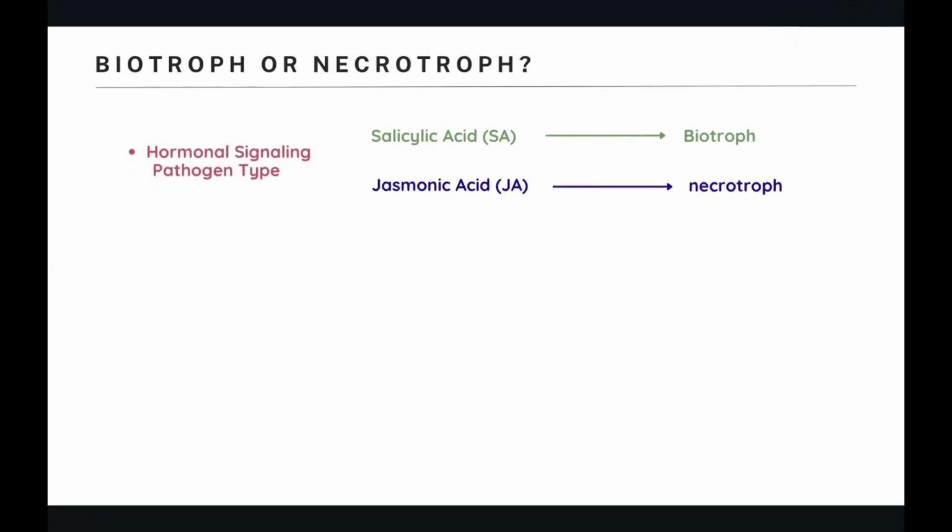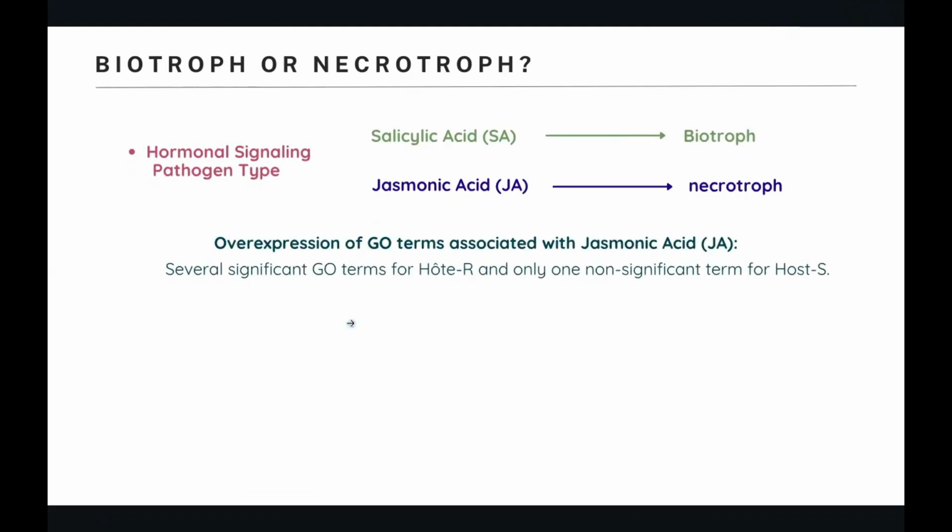Salicylic acid is usually employed against biotrophic pathogens, while jasmonic acid is involved in response to necrotrophic pathogens. Our results revealed the overexpression of several jasmonic acid-related terms in the resistant host. However, only one term with a non-significant p-value was detected in the susceptible host.